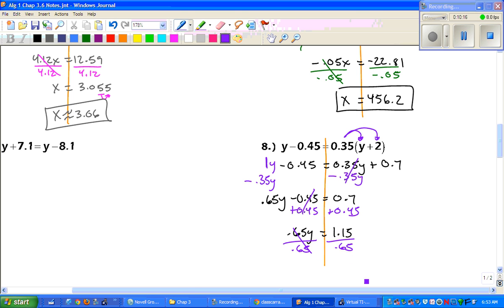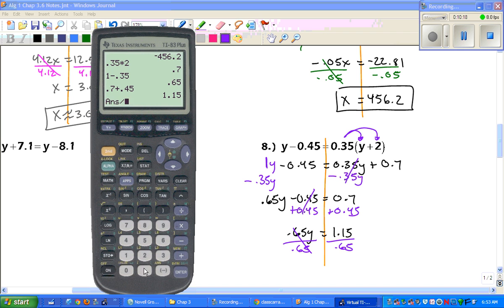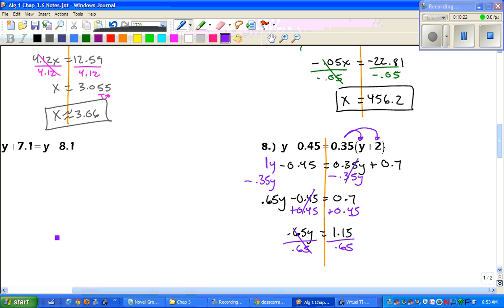Divide by 0.65. And we get our final answer of 1.769. So y equals 1.769. 9 or more, raise the score. 1.77.